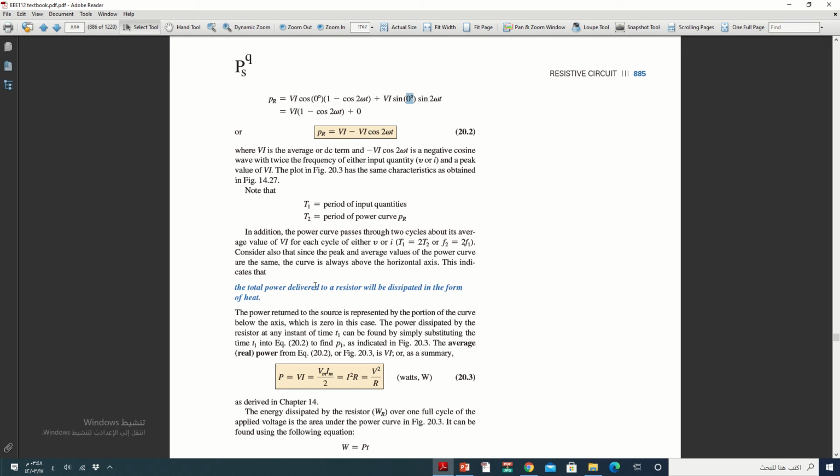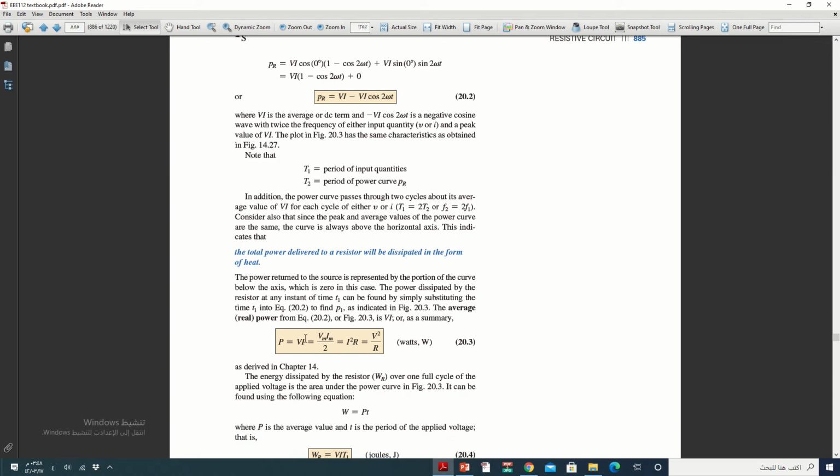In general, the power delivered to the resistor will be dissipated in the form of heat. If you remember in circuit 1, when we connect a resistor to the power supply and we increase the voltage, the current increases. If the current is more than the rated current, you will feel the heat.